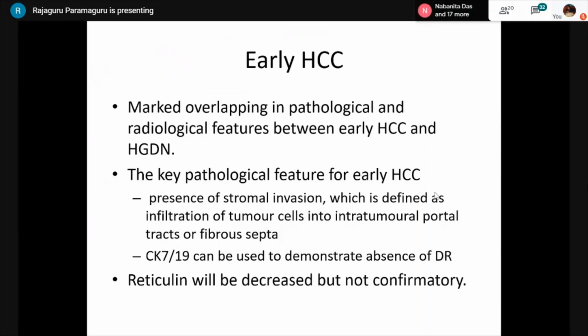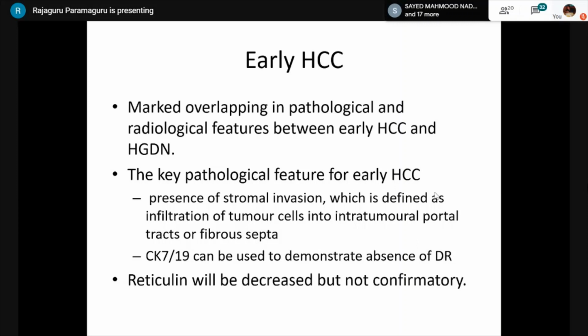And the early HCC has marked overlap with a high-grade dysplastic nodule. So you have to use various stains and histological markers to come to a diagnosis. But the important feature is the presence of stromal invasion. So there will be a portal area showing tumor cells infiltrating the stroma.